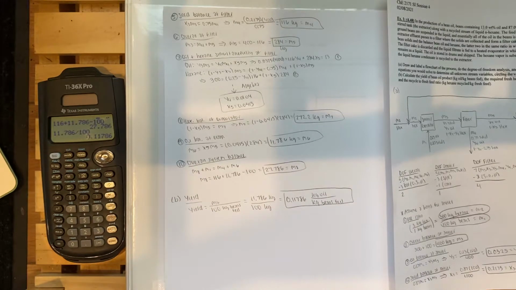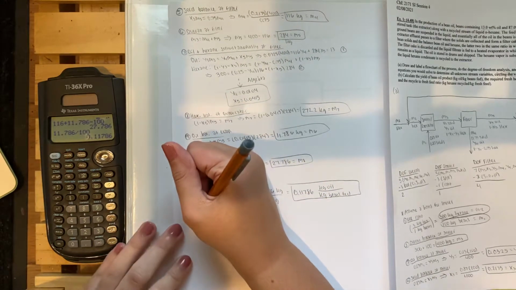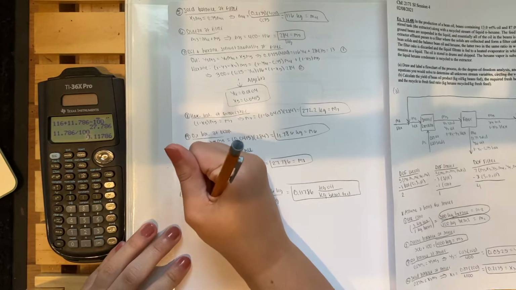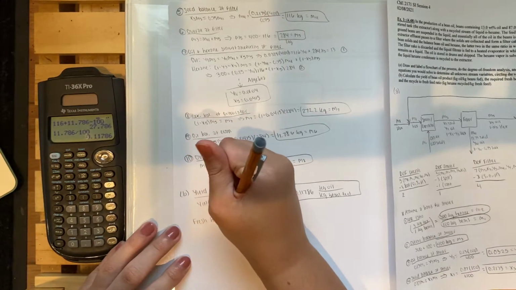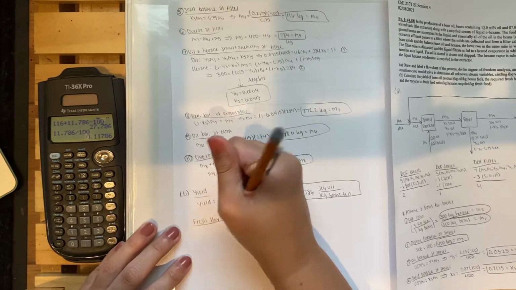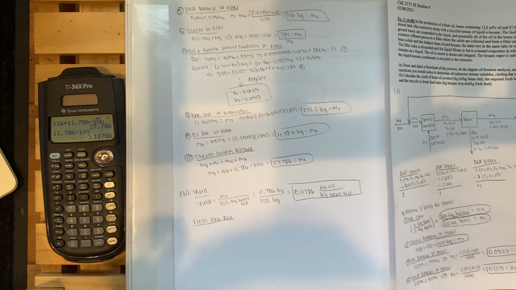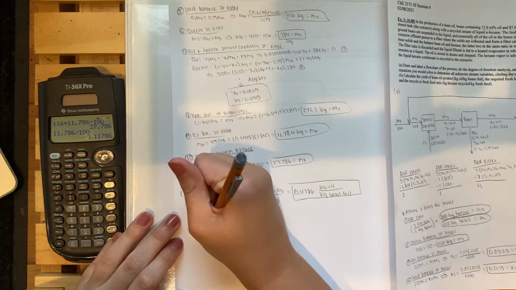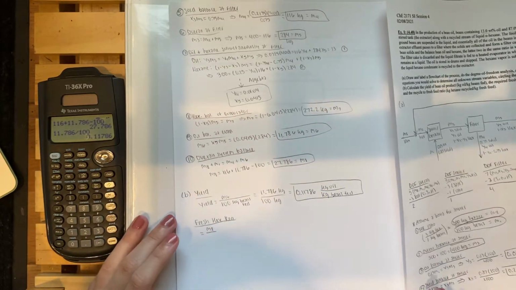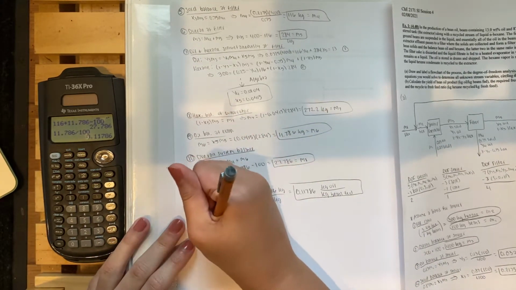And then next we want the required fresh hexane feed. So the fresh hexane required is going to be equal to M8, which is the amount of fresh hexane fed, over 100.